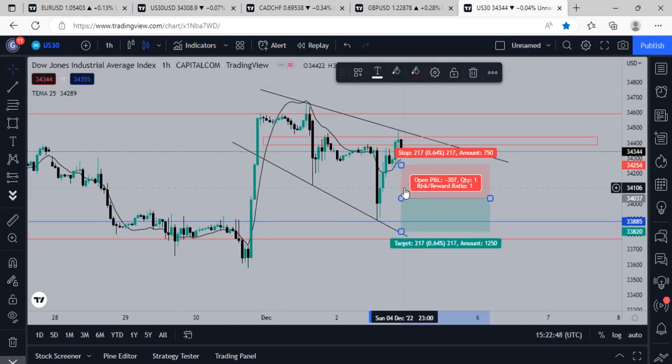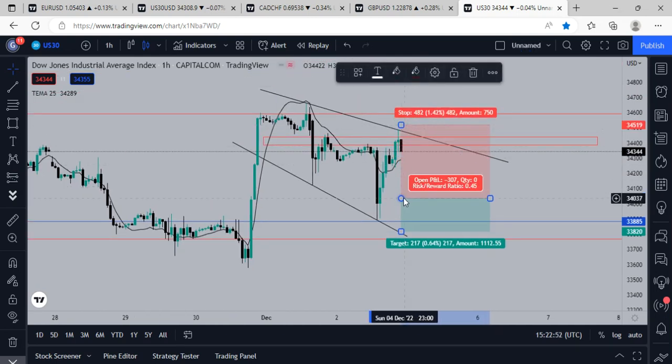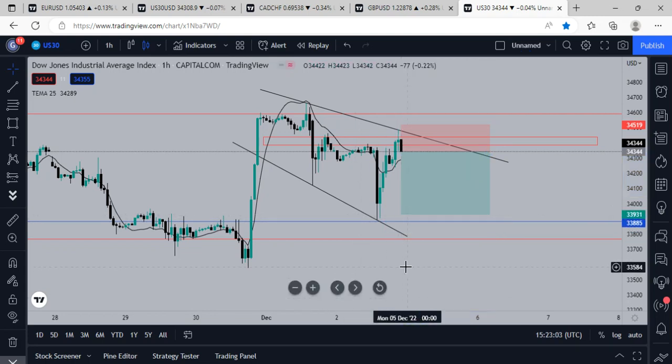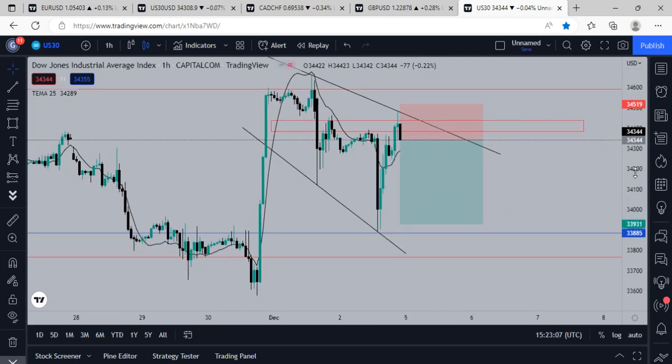Okay, I would enter a selling position, have this as my stop loss, and this will be my take profit into this area.